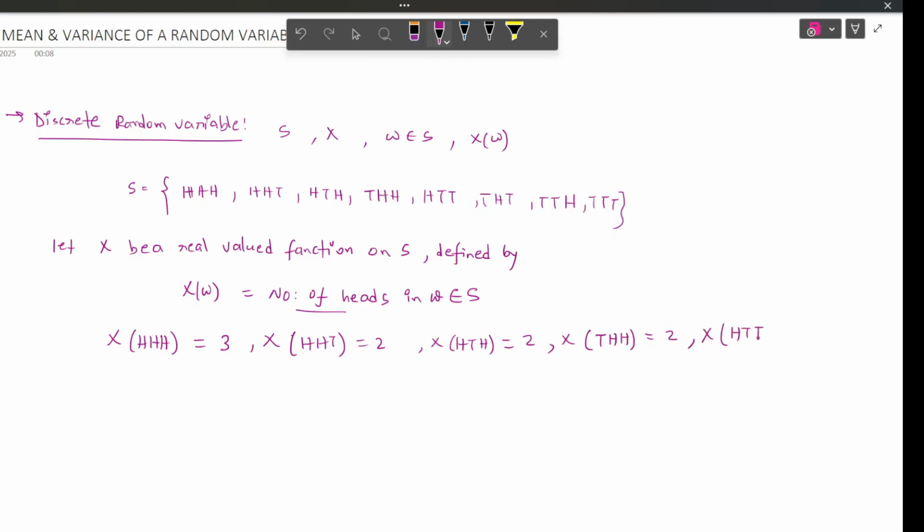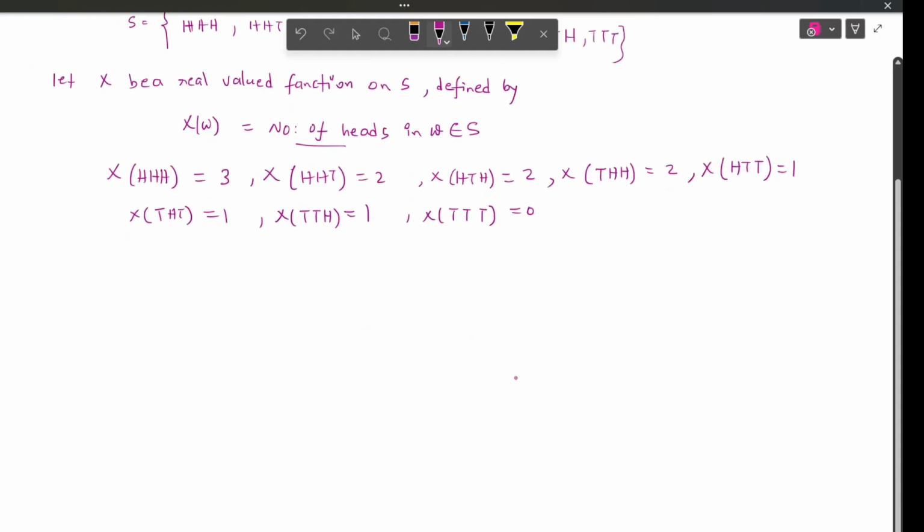X of head tail tail, there is 1 head. X of tail head tail, there is 1 head. X of tail tail head, there is 1 head, and X of tail tail tail, there are 0 heads.